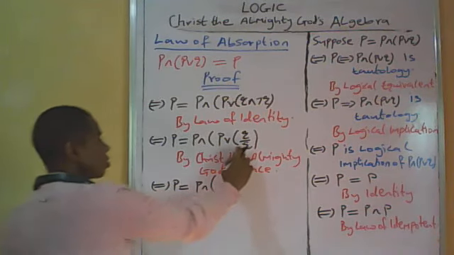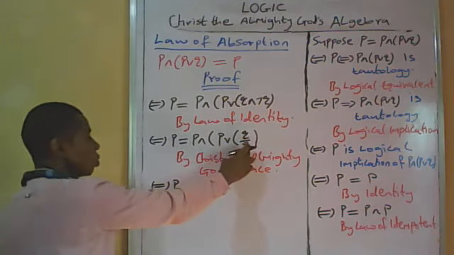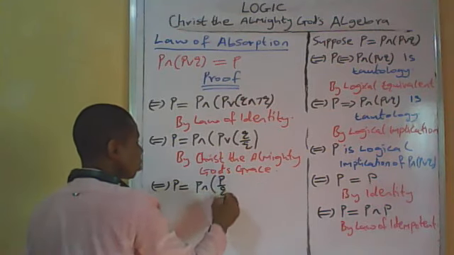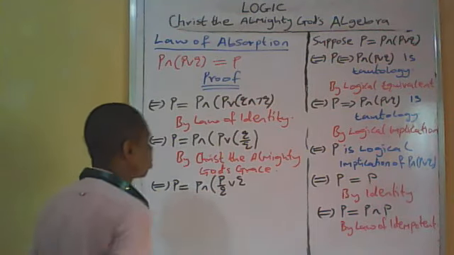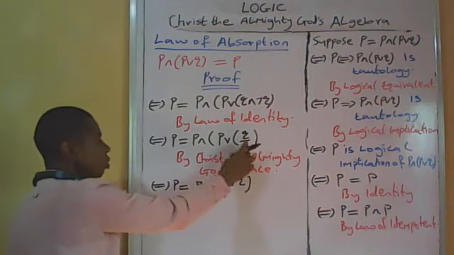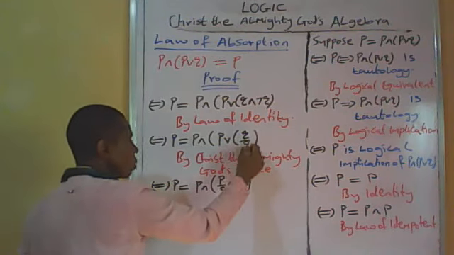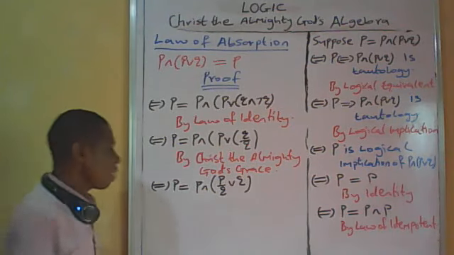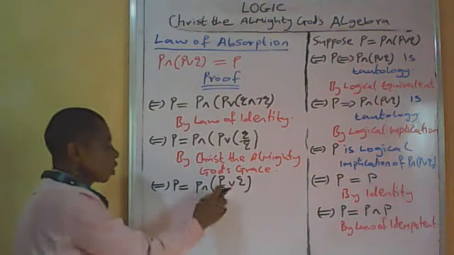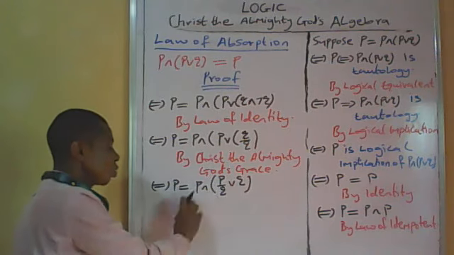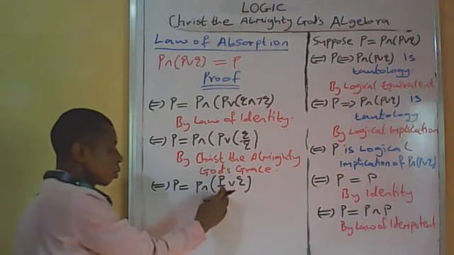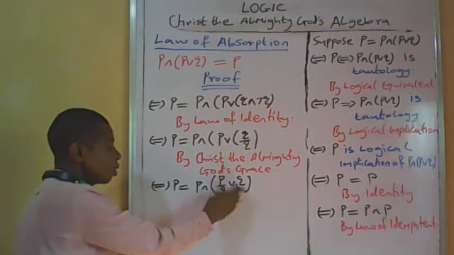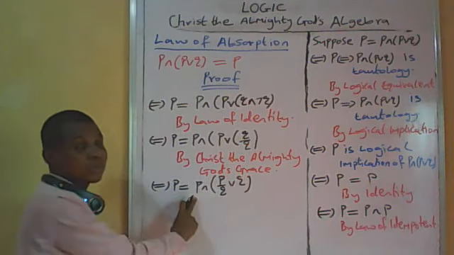Now we are going to distribute this Q to the first disjunct P. That is going to be P implies Q or Q. You see that I have distributed this implication Q to the first disjunct P. That way I have P implies Q or Q. That means Q implies P or Q, which is equivalent to a tautology, and a tautology ANDed with any term is the same as that term.